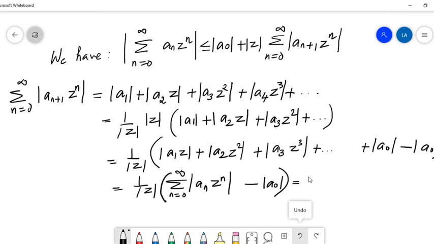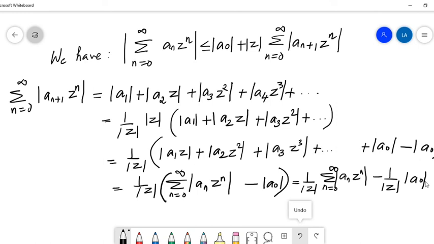That is equal to 1 by mod z into summation n equal to 0 to infinity modulus of a_n z raised to n minus 1 by mod z into modulus of a_0.